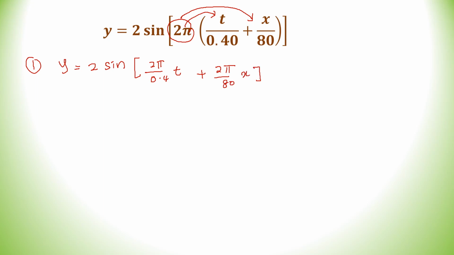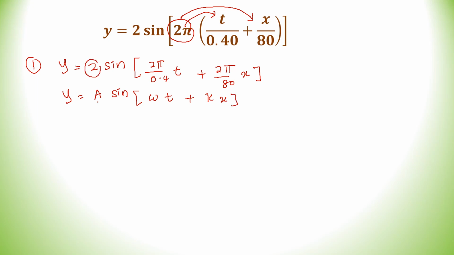Next, differentiate dy dt. Before we differentiate, we need to compare first. We generate equation y equals to a sine omega t plus kx. So what is your amplitude?